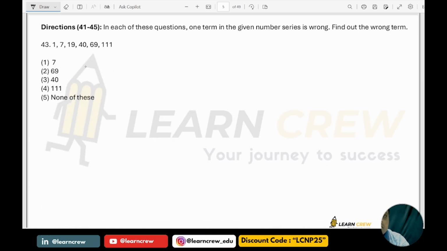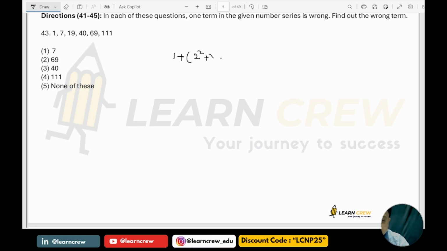Now 1, 7, 19, 40, 69, 111. What is the wrong number? 1 plus 6 is 7. 7 plus 12, so 1 plus 2 square plus 2 is 7. 7 plus 3 square plus 3 is 19.